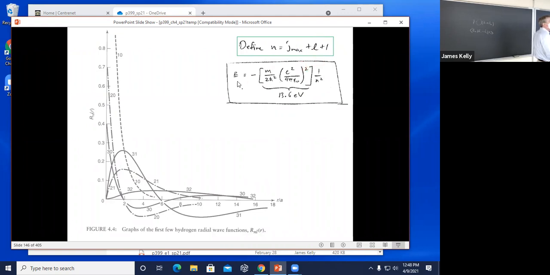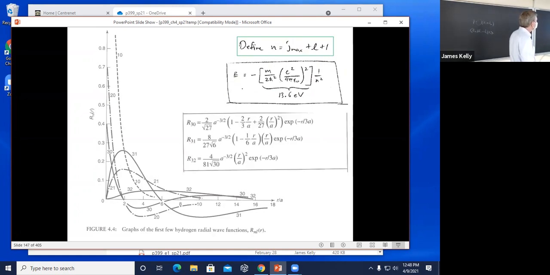And then the energy would have depended on j max and l, just kind of like it did something similar for the spherical square well. But it sort of simplifies the energy formula to have it only depend on one quantum number. So you can't really tell, just by knowing what n is, what l is straight off the bat, or vice versa.